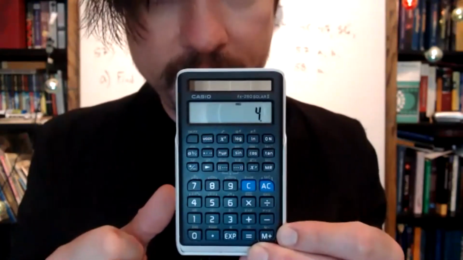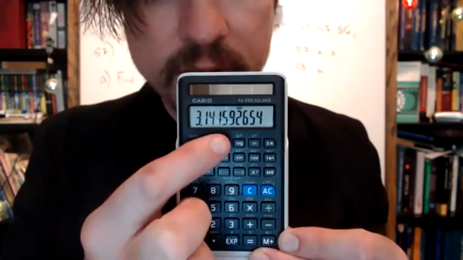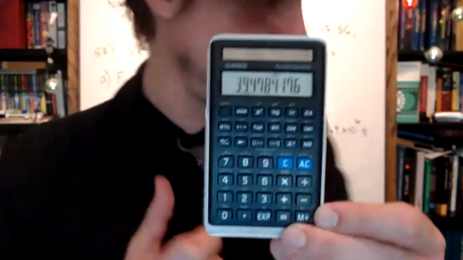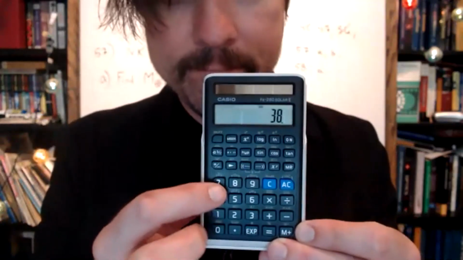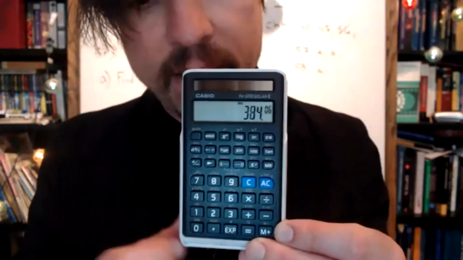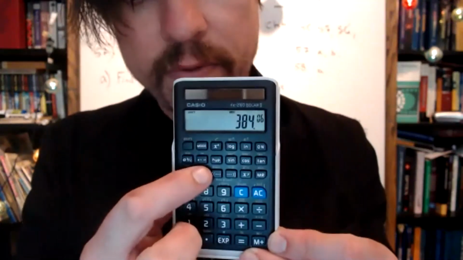4 times pi squared, times 384 EXP 6. Now I'm going to cube that beast by doing shift and cube.